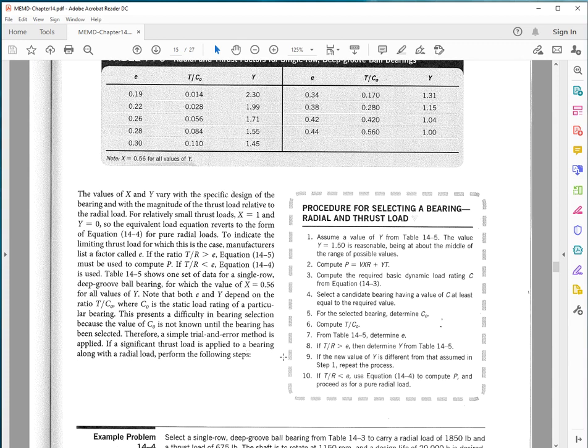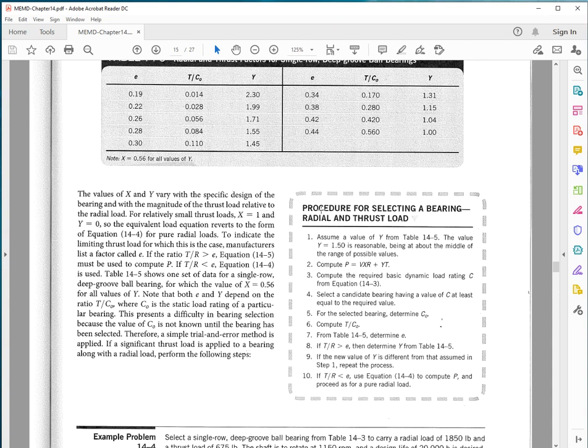When selecting a bearing, the situation is a bit more ambiguous because we don't have the bearing known, and we don't know the static load rating, but we can assume, and this is a sample problem, you can assume an average value. So a value between 1 and 2.3, average 1.5, for an initial guess, and then we refine it from there.